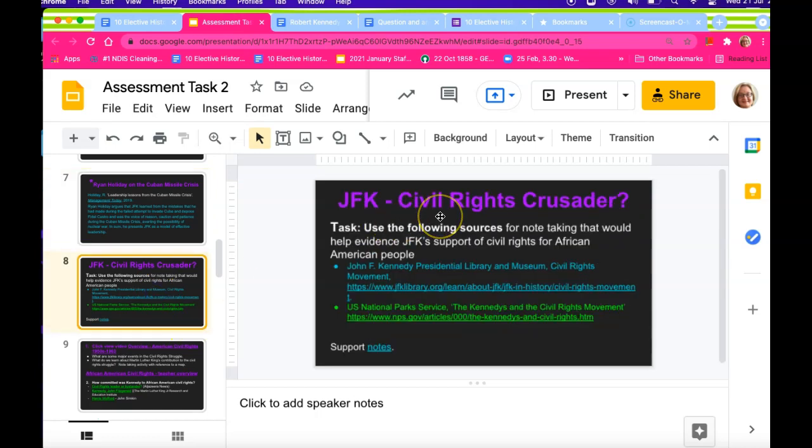So I leave it to you to read the article, but I think you selected the civil rights. Okay, JFK Civil Rights Crusader. These resources focus on JFK as a civil rights advocate. So they're selective. These support notes use these resources to list what he did.